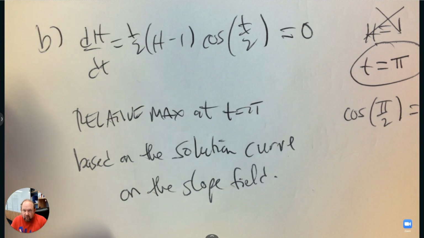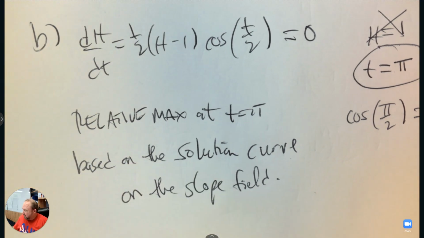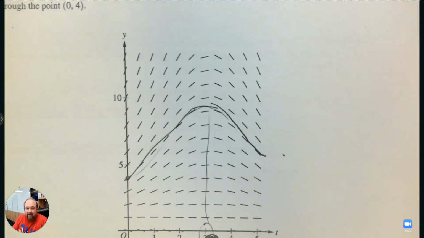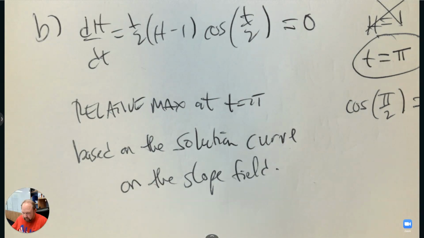There's other ways to show it, but I would be satisfied to know by looking at the solution curve that you could see that's a maximum and not a minimum, and you found the t value where it occurs.